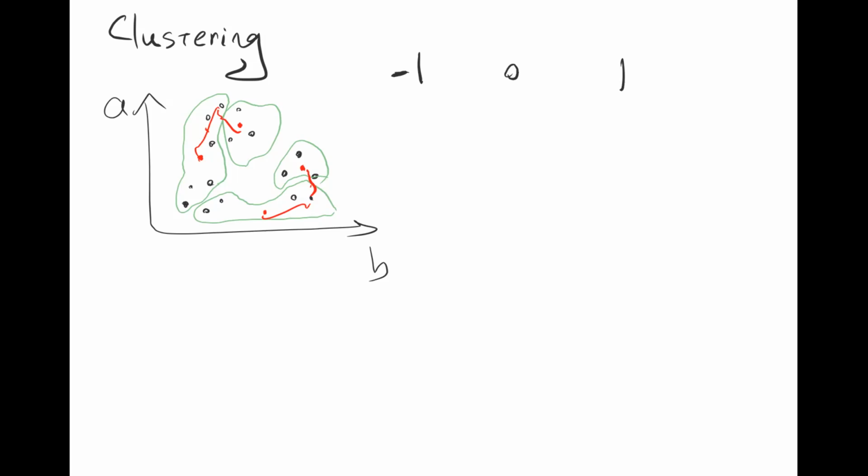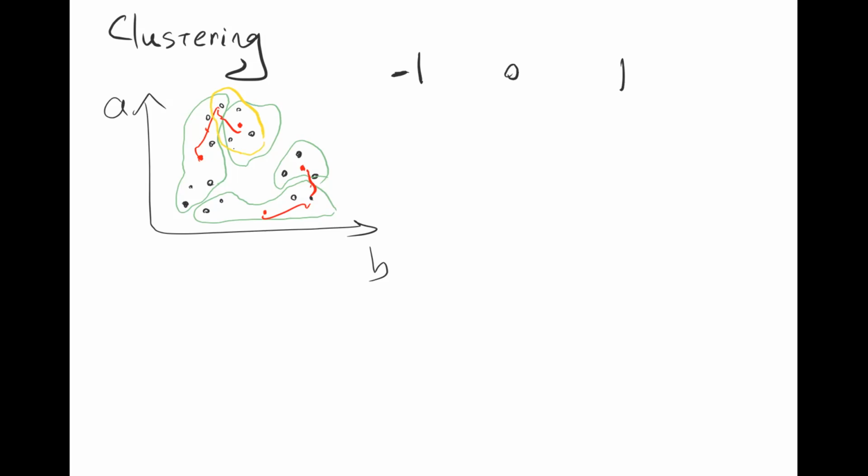Like here, the silhouette coefficient should be close to -1, because at least here, maybe this is the right clustering. So when your silhouette coefficient is close to -1, your points are not assigned correctly.